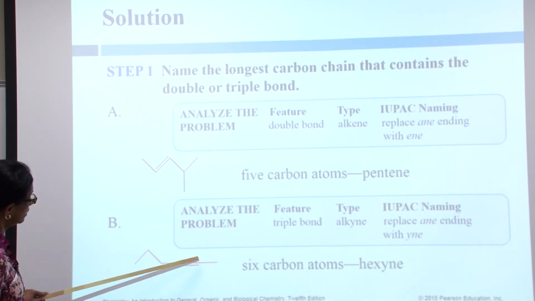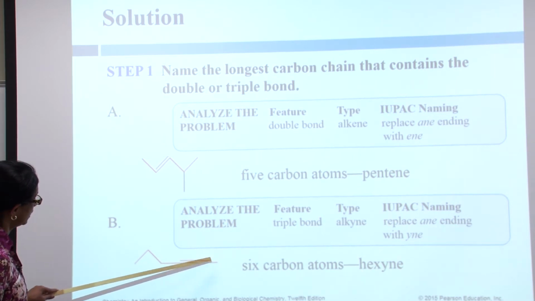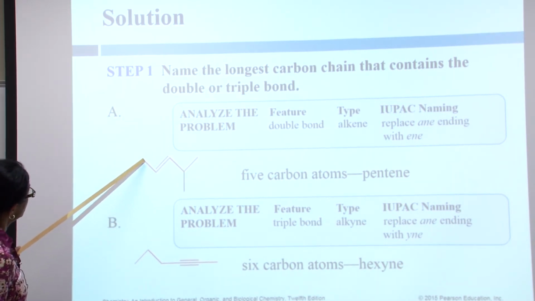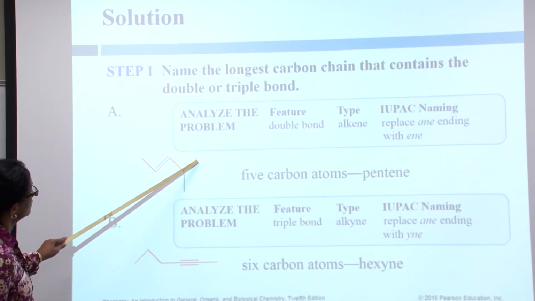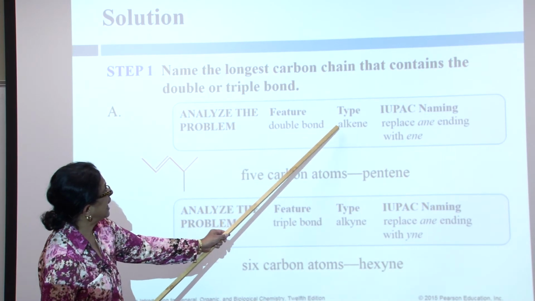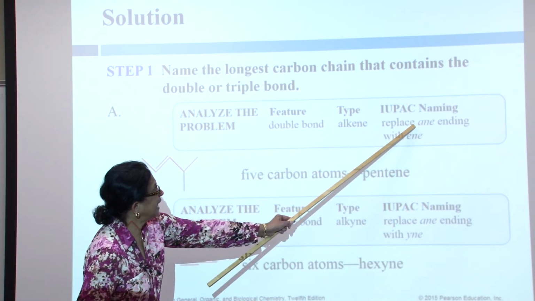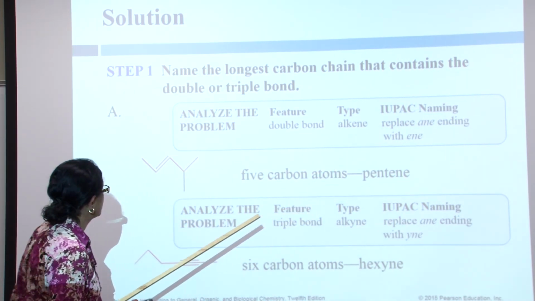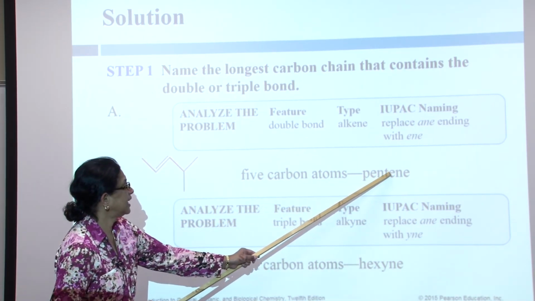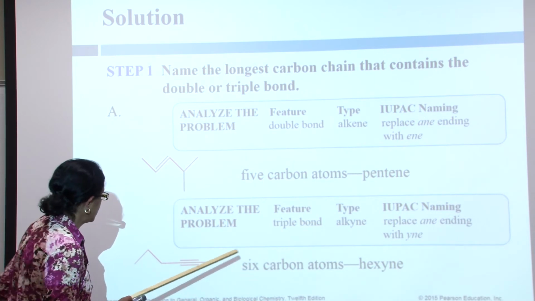So the feature is a double bond, alkene. Replace A and E with E and E. So 5 carbons, pent. Replace A and E with E and E.